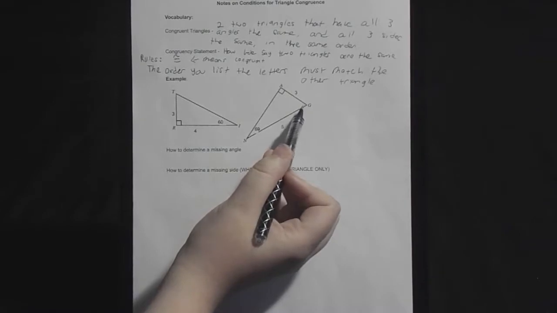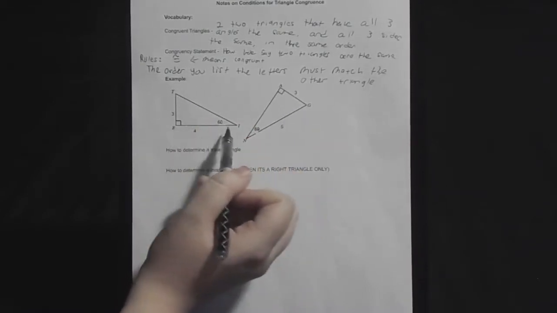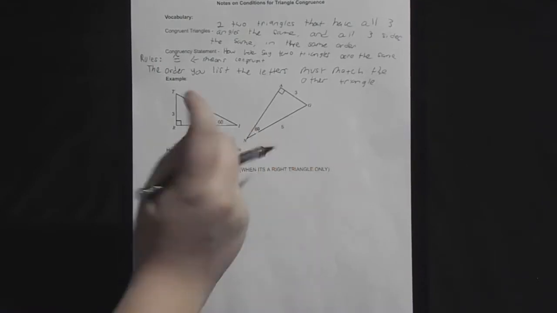And for the three sides, this one has a 3, and this one has a 3. But this one has a 4, and this one has a 5. And we don't know about their third side. So we don't know yet for sure that they're the same, because they didn't give us all three angles and all three sides. So if they don't give us all the information, we have to figure it out.